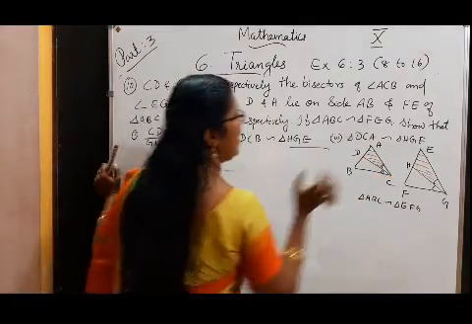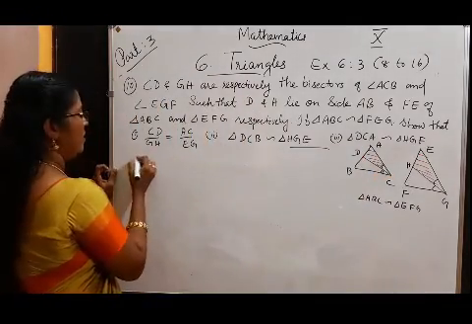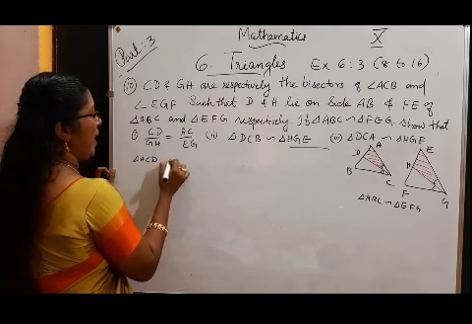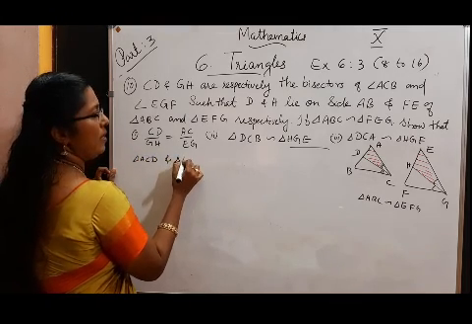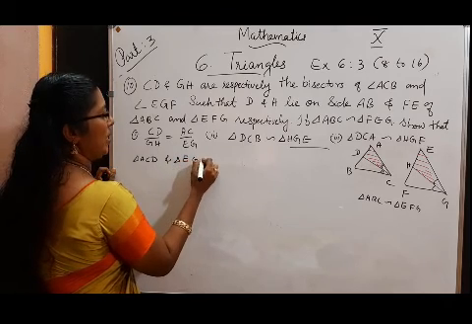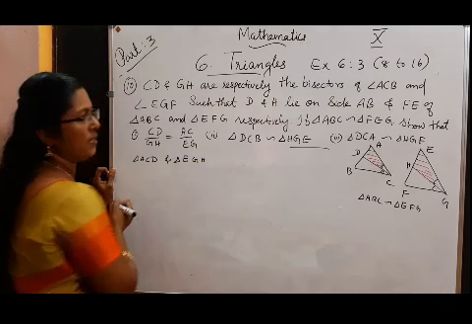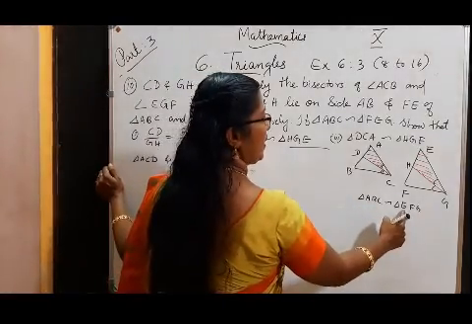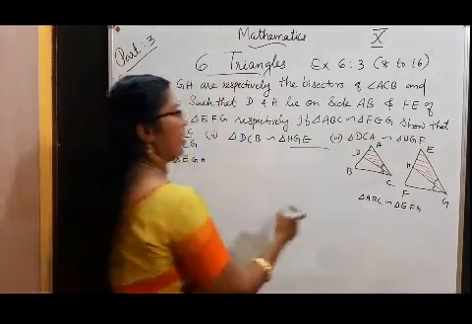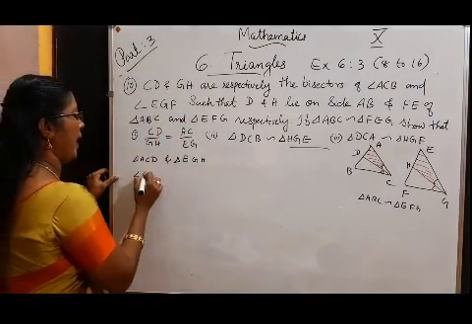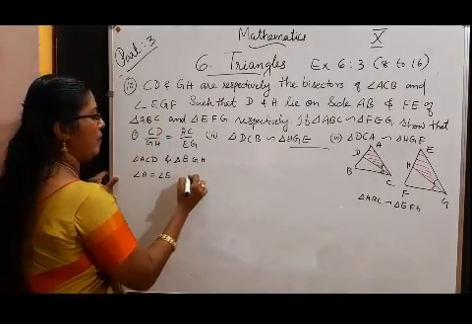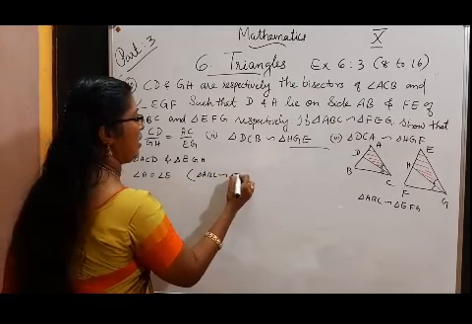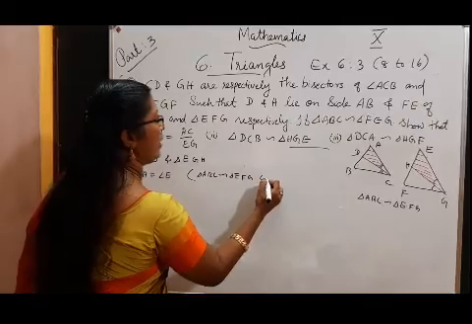So take triangle ACD and triangle EGH. We know that A and E are equal, that is given similar. So we can write angle A equal angle E, since triangle ABC is similar to triangle EFG, given.